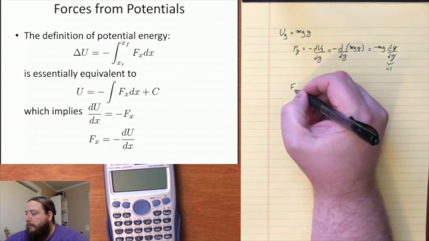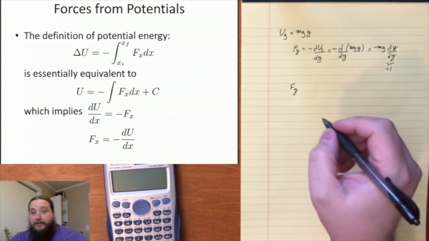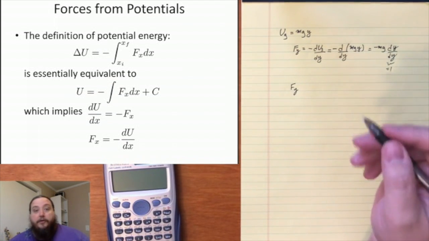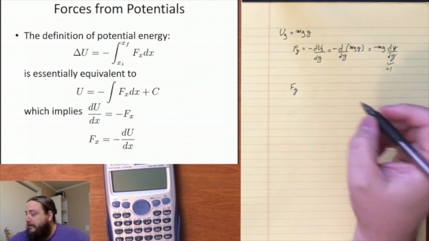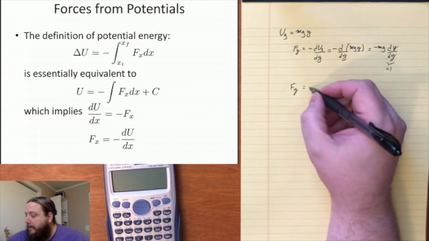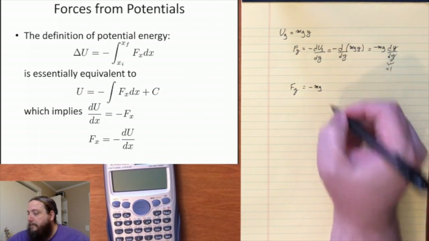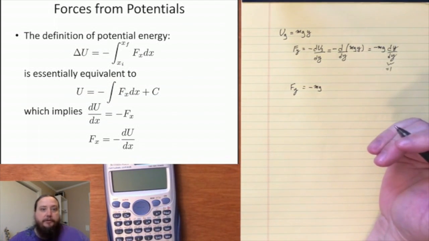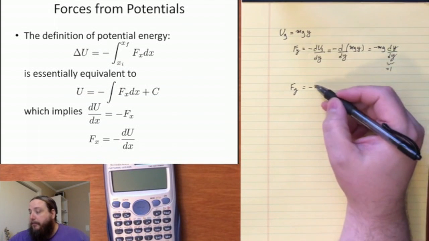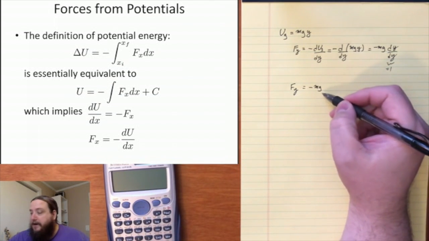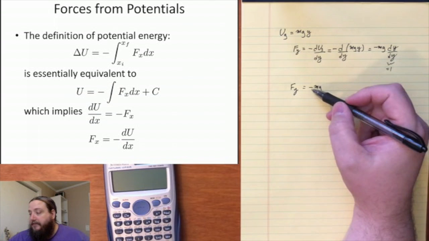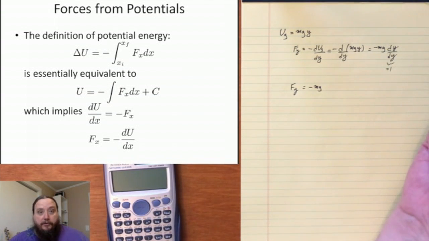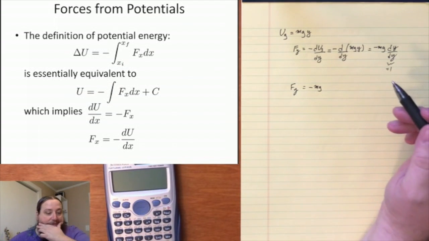And so in other words, what we're left with is that the force in the y direction due to this gravitational potential would be minus mg, which is the result we should be expecting, that indeed the force of gravity has a magnitude mg, and in this case it's in the minus y direction. So we've recovered something familiar.